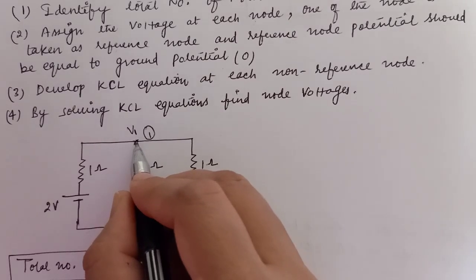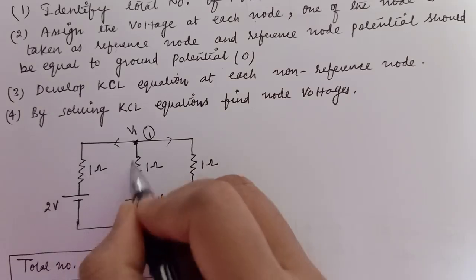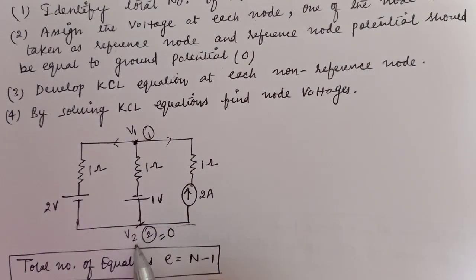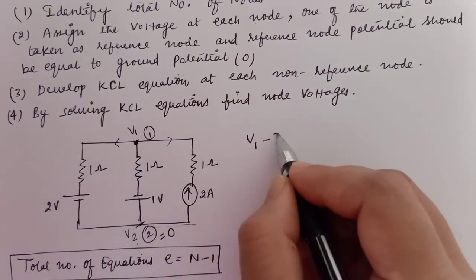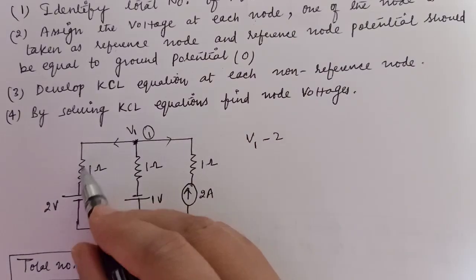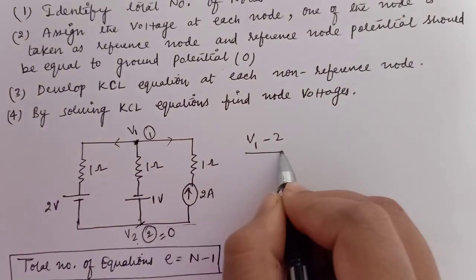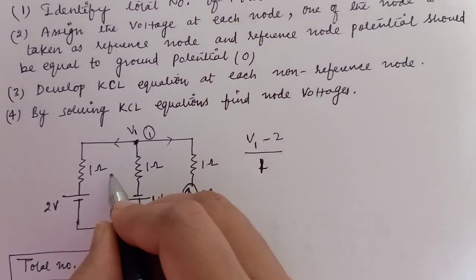The current at this node: one current is this one and another current is this one. This current will be V1 minus this drop, minus this drop, divided by the total ohms. Divide by 1, this is not 2, this is 1 ohm.